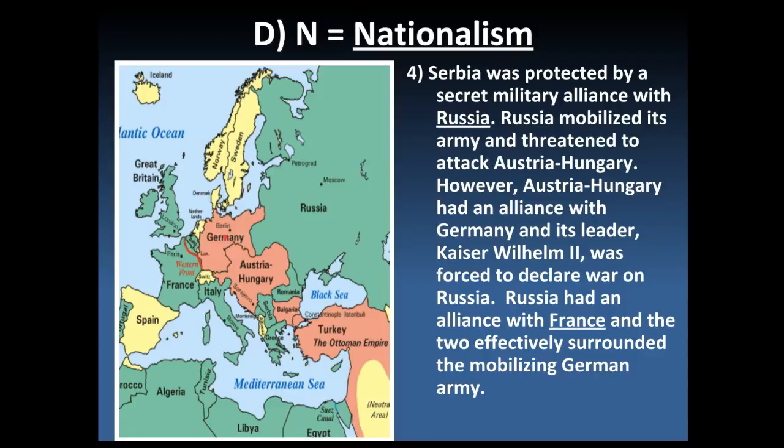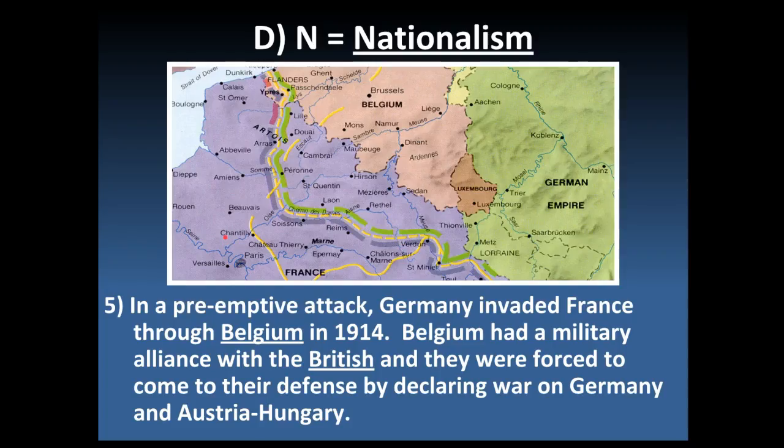And for several months, as these two sides begin to mobilize for war, it looks like a pretty fair fight. Now, in a preemptive attack, Germany decided they were going to invade France. They felt like if they could take Paris quickly, that they could then focus all of their power and their might on Russia, which took time to mobilize because of its massive population.